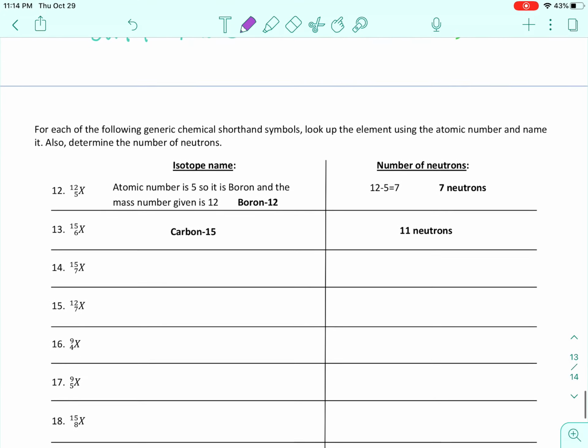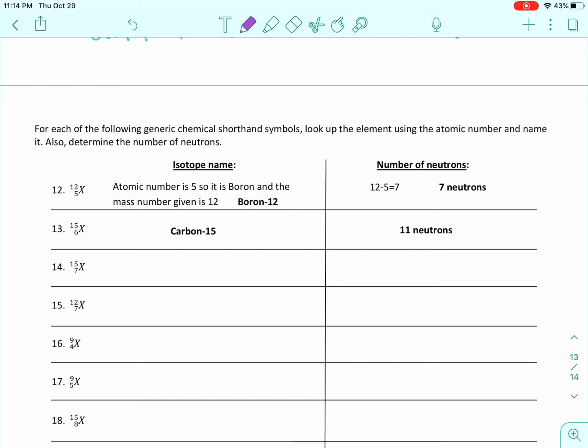On the next page, because this one was 2 pages, for each of the following generic chemical shorthand symbols, look up the element using the atomic number and name it. Also determine the number of neutrons. So for each of these on the shorthand, they just put in an X. So they didn't tell us the element. So we have to look that up using the atomic number.